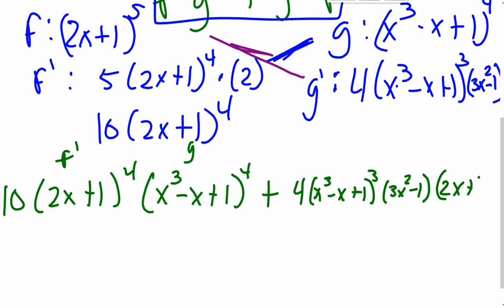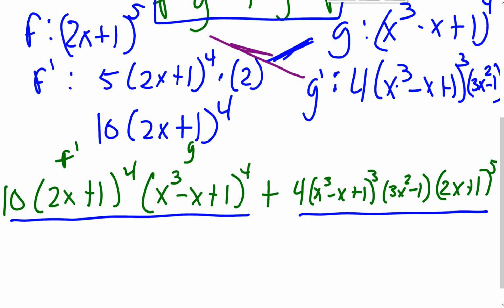So basically I have two terms here. I have this whole term and this whole term, so I look for common factors. I have this factor on both sides, and the most I can take out is to the 4th. So I take that out.